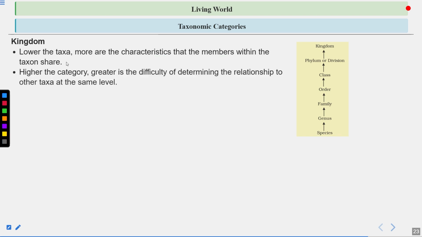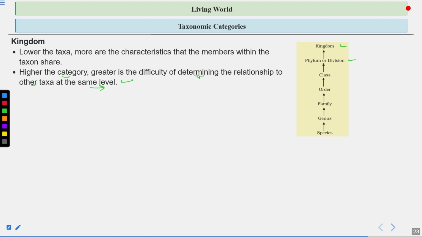Higher the category, greater is the difficulty of determining the relationship to other taxa at the same level. Again, this line is very important. Suppose we are talking about the phylum or the kingdom, greater is the difficulty of determining the relationship to the other taxa which are at the same level, because the similarities are very less.